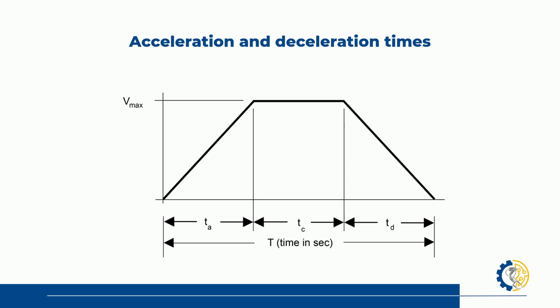When we have a constant speed, for example, let's suppose that our motor is going to be running at 1500 revolutions per minute, or 1500 RPMs.